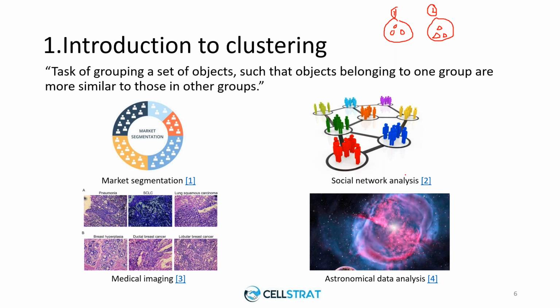It is also used in social network analysis, and medical imaging, like to classify different kinds of tumors, etc. Also, it is used in astronomical data analysis. There is a lot of data in the astronomical field where you don't have any specific labels, so you just want to visualize how these data look. In all these cases, we make use of clustering.